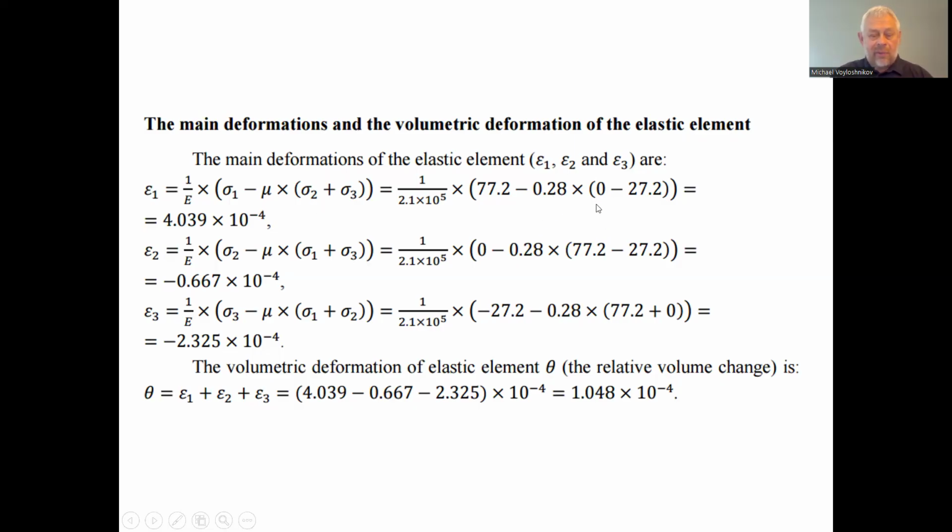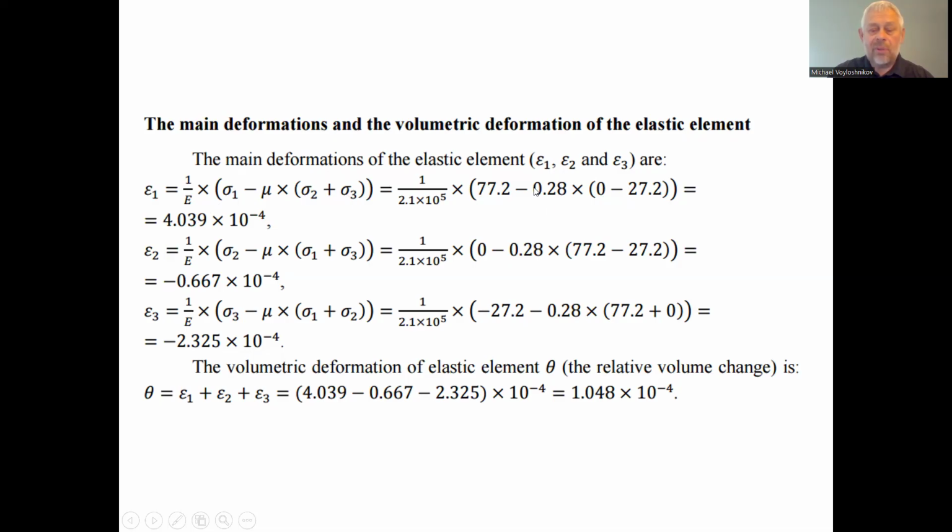That is one of the assumptions of the plane stress state. This is in the intermediate magnitude between 77.2 and minus 27.2, in accordance with the magnitudes of sigma 1 and sigma 3, considering the sign as well.